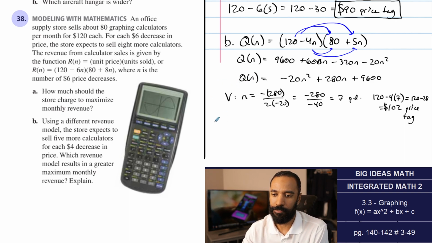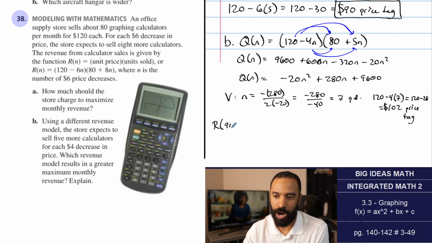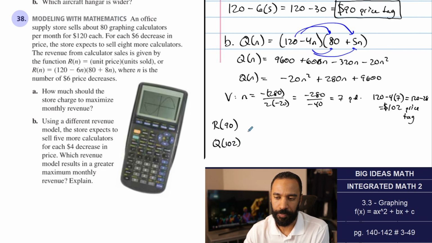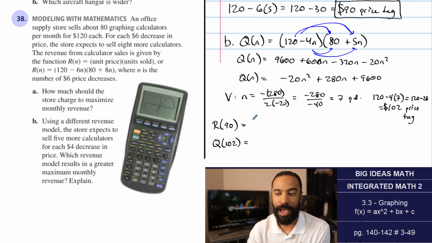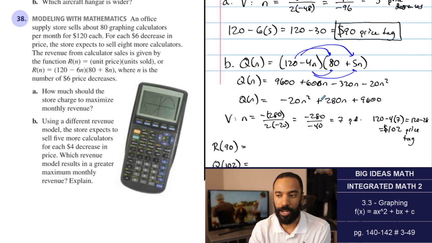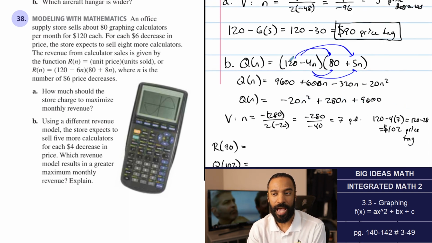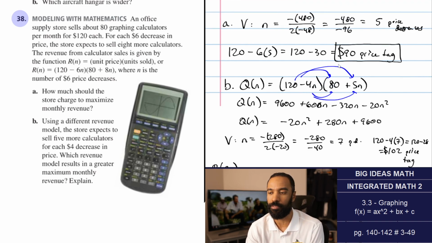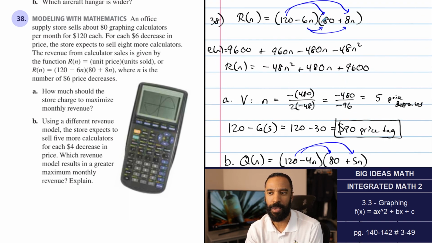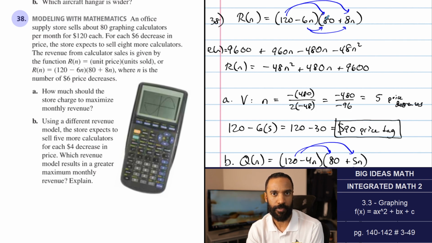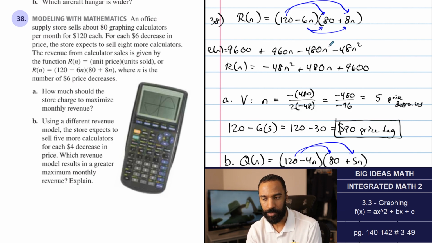So R of 90, the question is, what is R of 90 and what is Q of 102? Now, you do not have to use the quadratic model to get it. In fact, I'm kind of more partial to use the factored form, because we can tell a better story with these ones as far as what the price tag was.